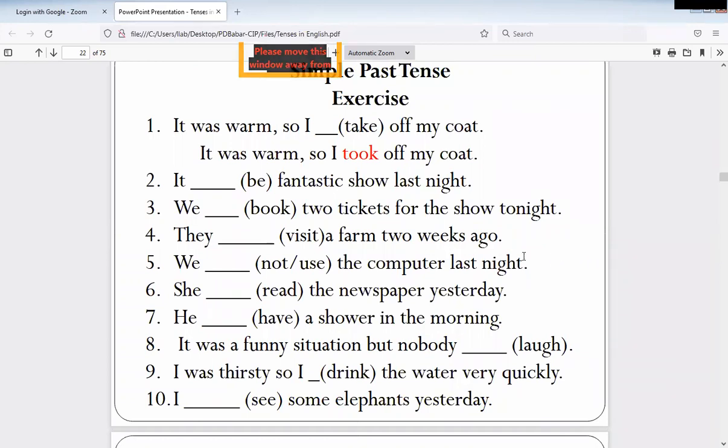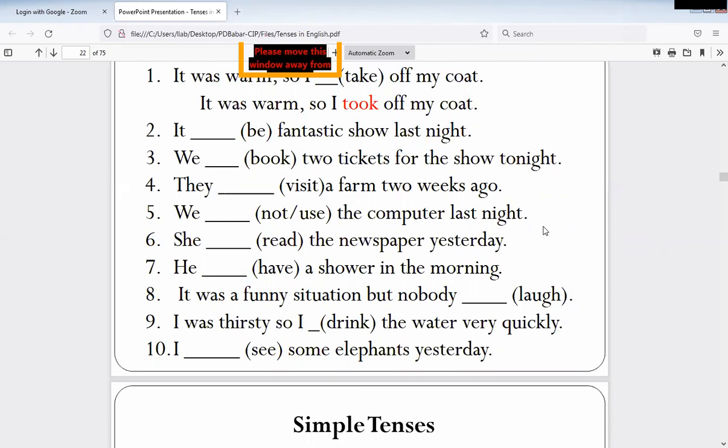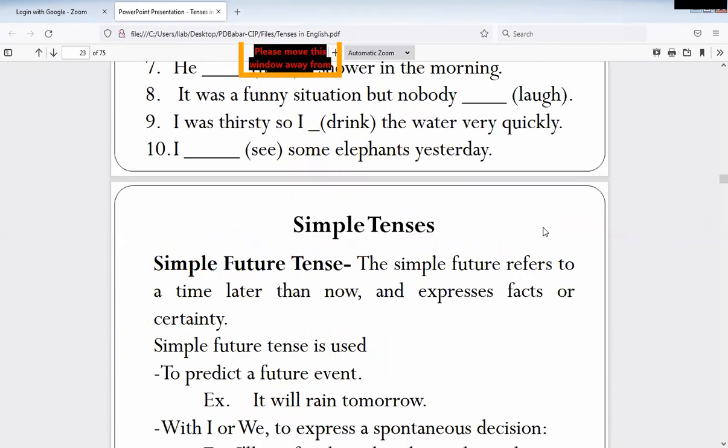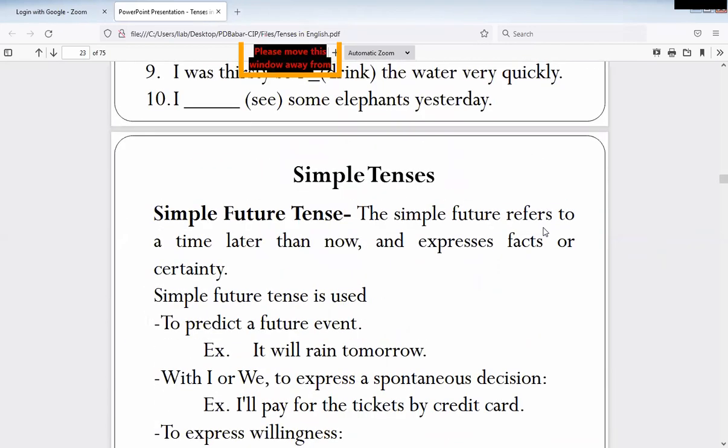We have to use the simple past form of the verb for the formation of meaningful sentences. I think that you might have written this in your notebook.